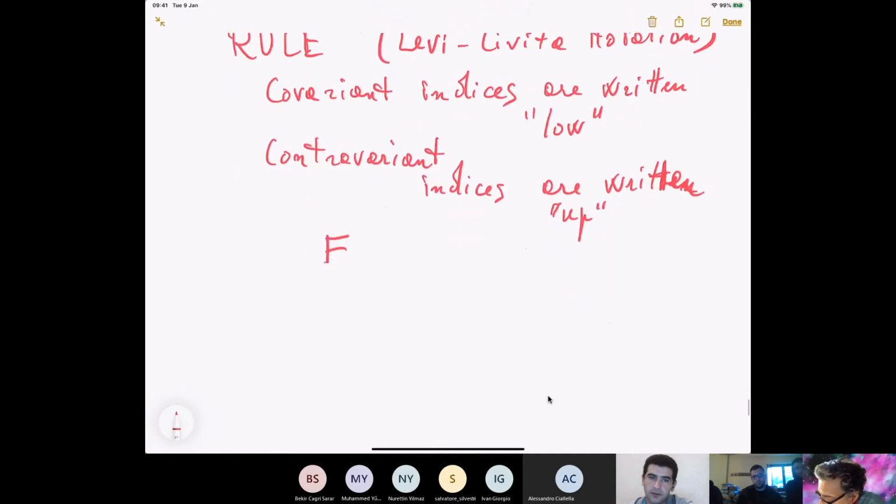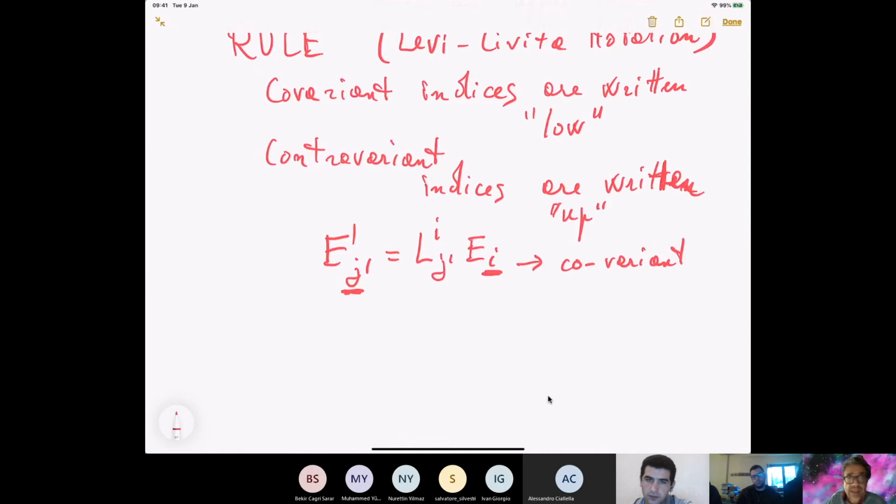So e'_j' equals L_i j' e_i. This index down is covariant. And we write it down.